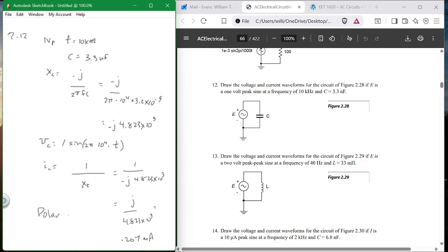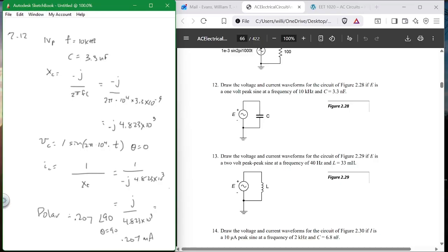It's 0.207 at angle 90. So if this was at angle 0, okay? Theta here is equal to 0. Theta here is equal to 90.